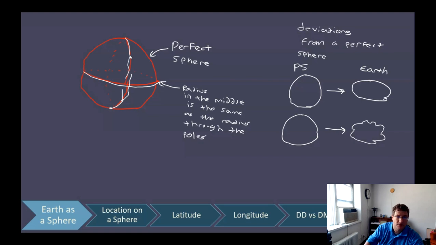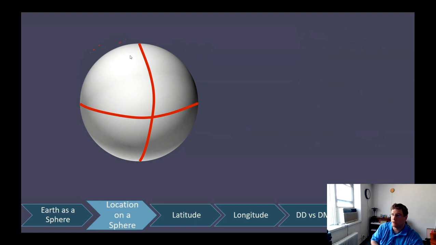Well, by making that assumption, we have the capacity to measure with relative ease the location on a sphere. I've replicated that drawing with a little bit better accuracy here, and what you'll notice is that with the Earth, again, this is a perfect sphere.